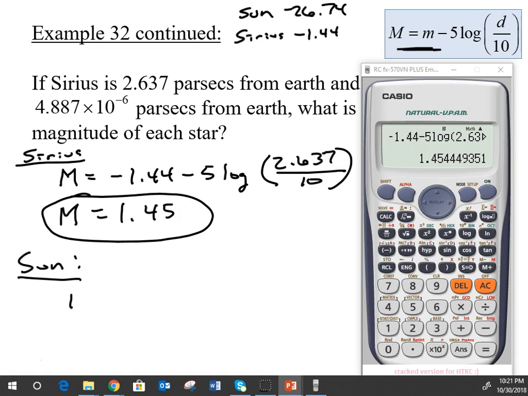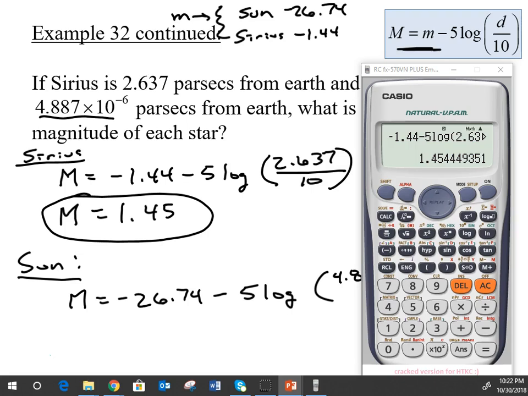And then our sun, we're going to do the same thing. So its absolute magnitude, the big M, would be negative 26.74, which was what they gave us for the little m, the apparent magnitude, minus 5 times log of the distance, which for the sun is 4.887 times 10 to the negative 6 over 10.